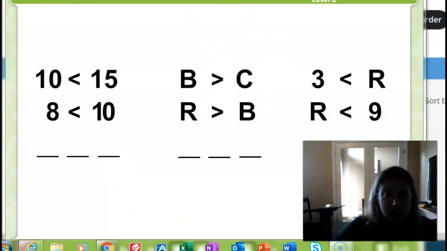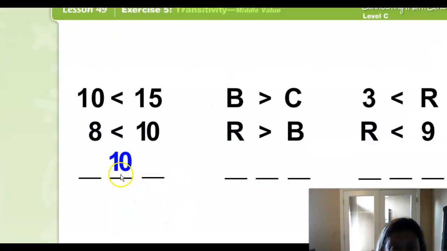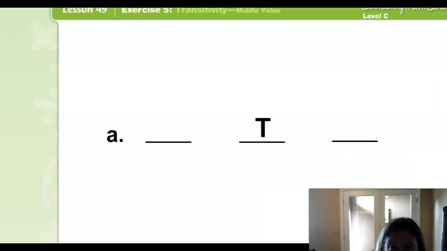So if we look at putting 10 in the middle, 10 is the middle number. What is the middle number here? B. B is what they both have in common. Okay, and then what one is in common here? The R. So the R would go in the middle here. Okay? Do you see that? All right.